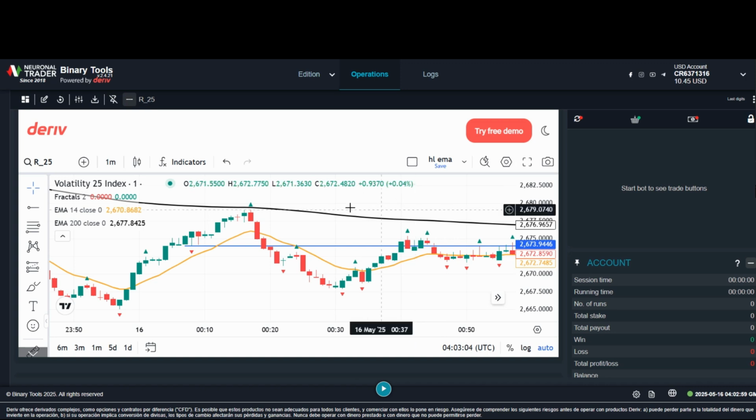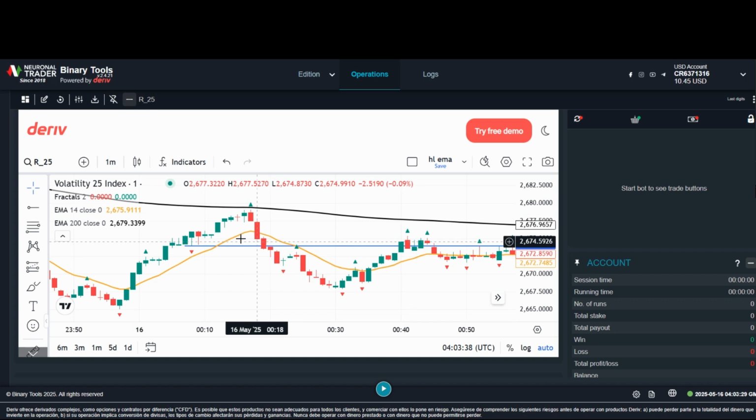Another thing to make sure of before pressing the entry, as I have told you, is that the 200 moving average is like a trend filter for us. We are looking at it in order to understand the trend direction. So when you see this 200 is above and the candles are below, you only trade put options.